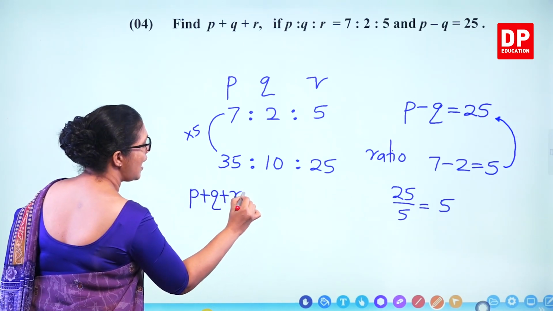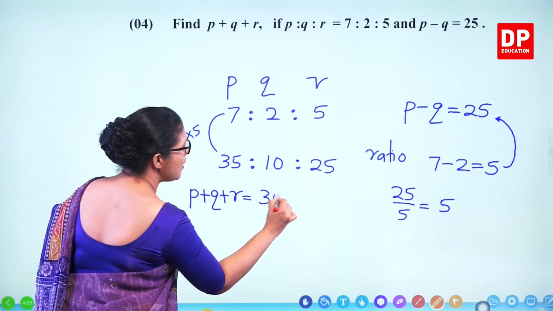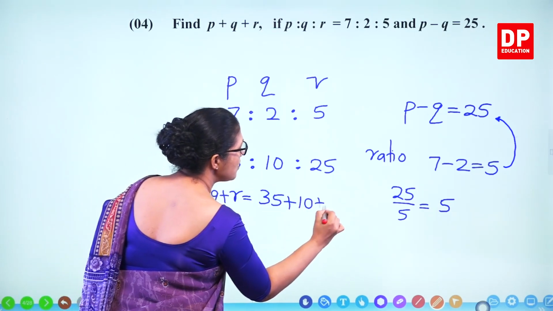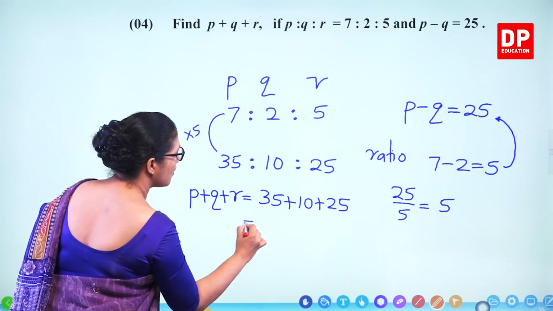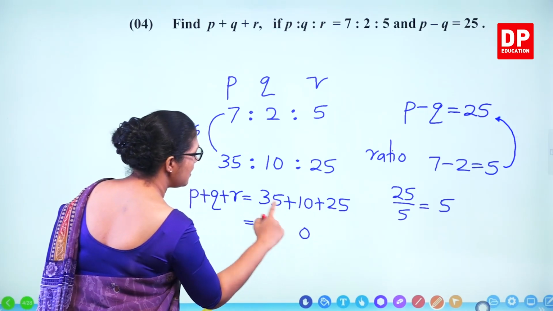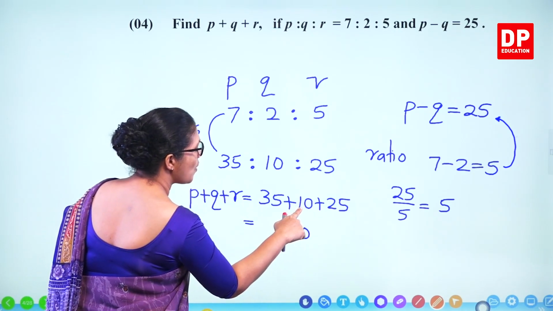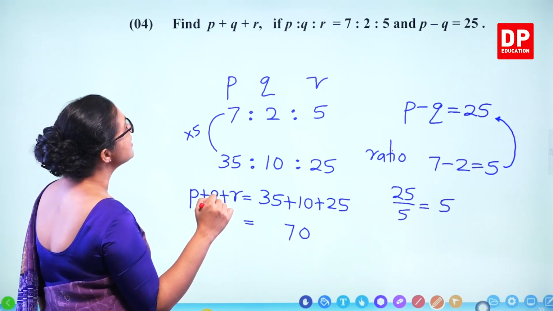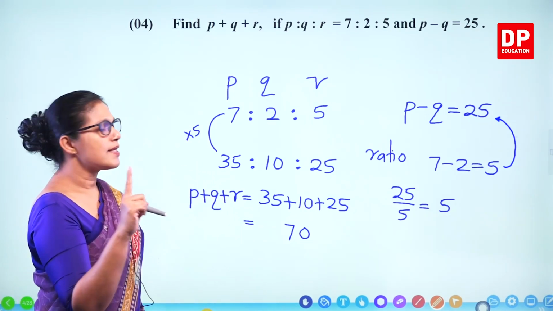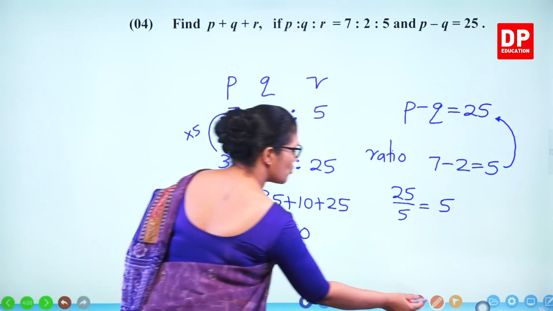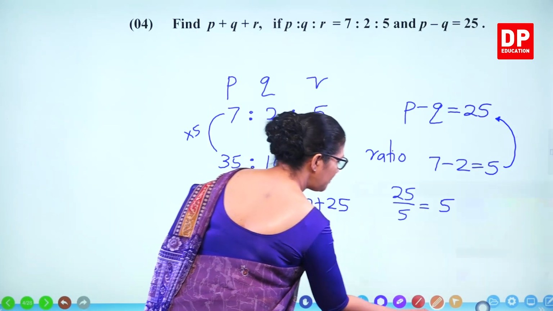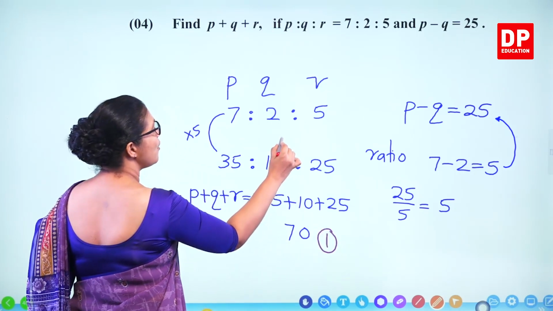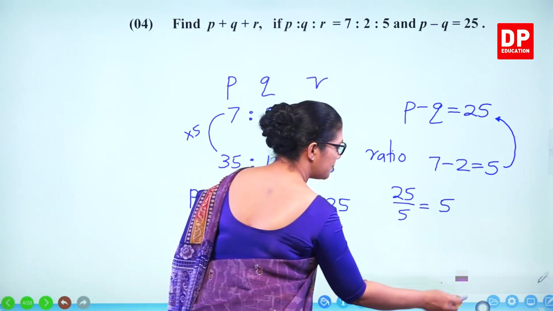You just add it. 35 plus 10 plus 25. 5 and 5, 10. 1 remaining. 4 plus 1, 5. 5 plus 2, 7. So 70 is the total p plus q plus r. So you get 2 marks, 1 mark here and 1 mark for the method.